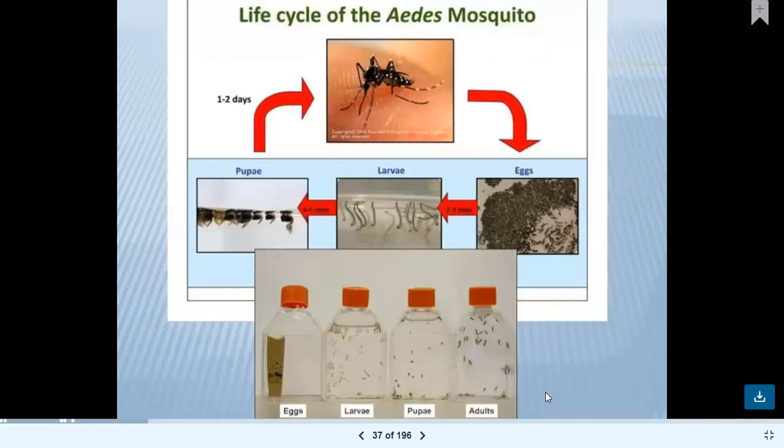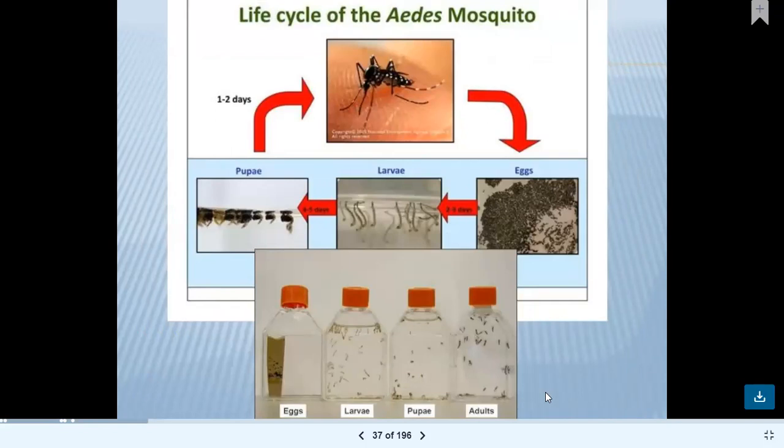This picture shows the life cycle of the Aedes mosquito. After 1 or 2 days of the pupa stage, it ruptures and gives rise to a mosquito. The female mosquito, after mating, lays eggs, in the thousands.